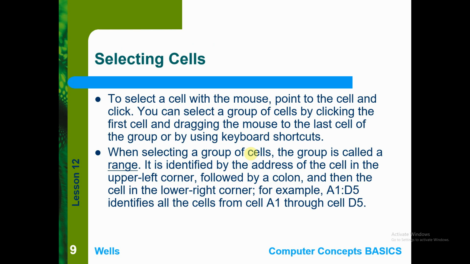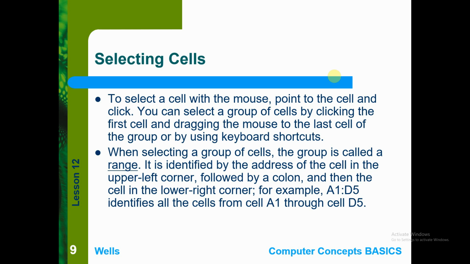So to select cells, usually you point to the cell from the starting point, then you can click on it. For a group of cells, you click on the starting cell you want to select, then drag the mouse up to the last cell of the group, or by using keyboard shortcuts.